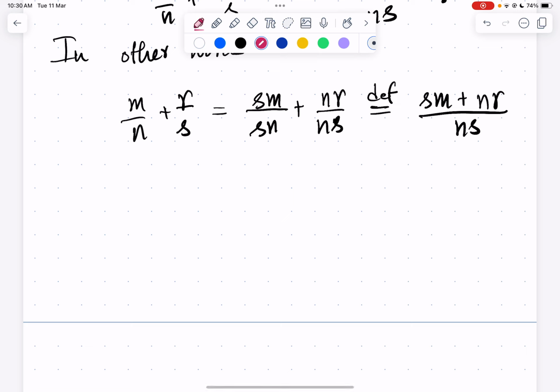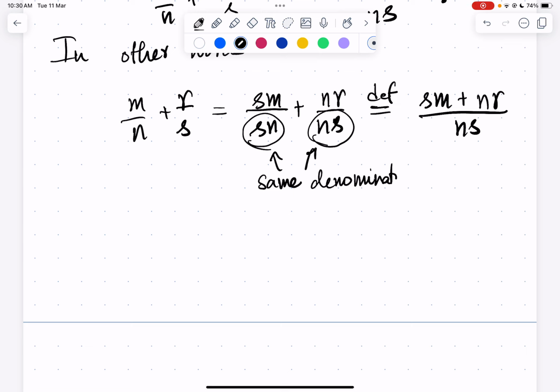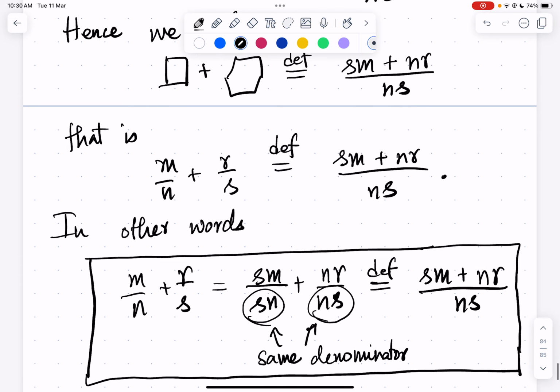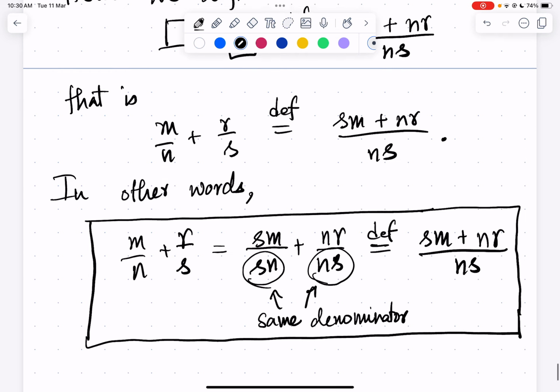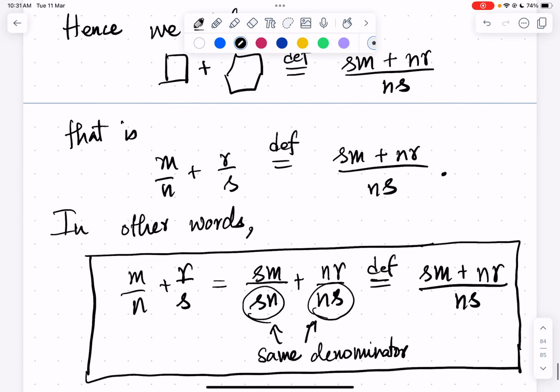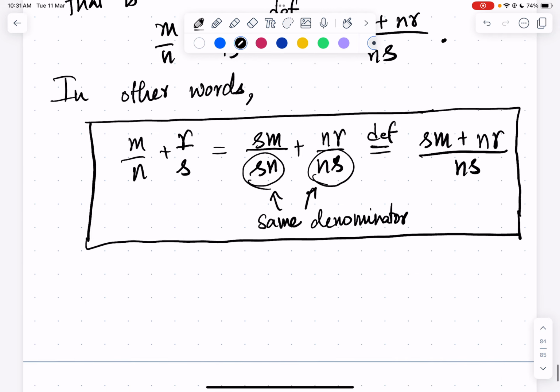So once we make the rational numbers have the same denominator, to add the rational numbers we just add the numerators. That's what this definition says. In other words, m by n plus r by s is sm by sn plus nr by ns, which is sm plus nr by ns. Okay, so this is how we define addition of rational numbers.